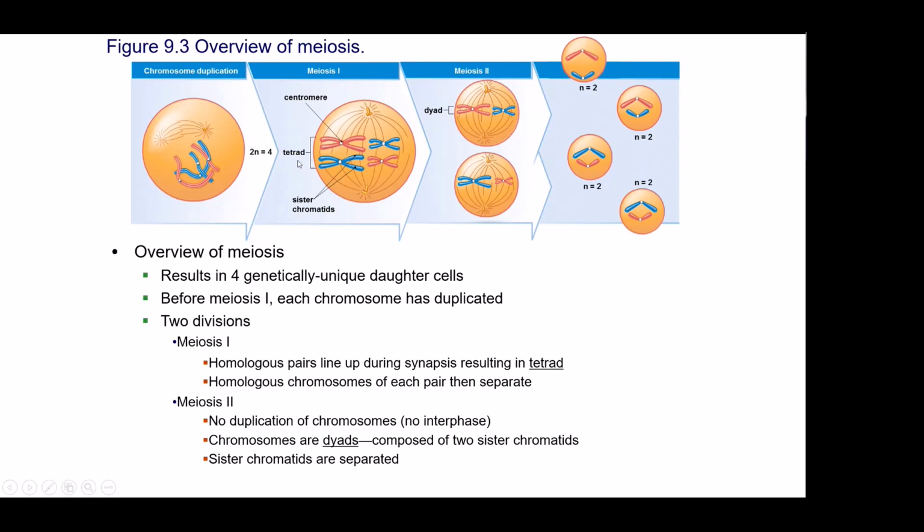the structure of the tetrads is such that they will line up randomly in metaphase along the equatorial plane.